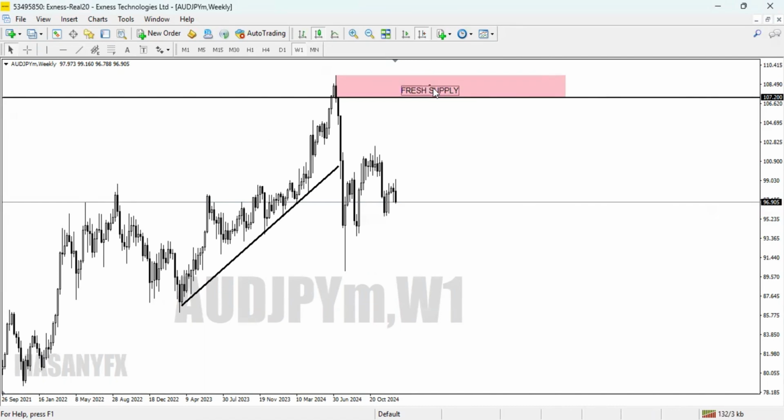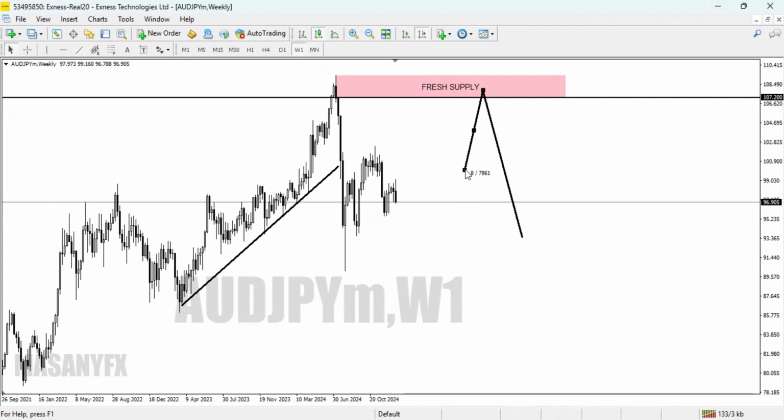Okay, so this is a weekly supply zone, and this is a higher liquidity take out zone.